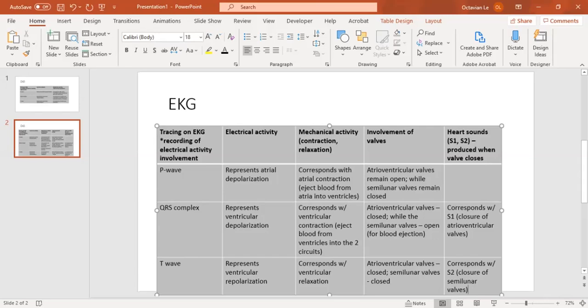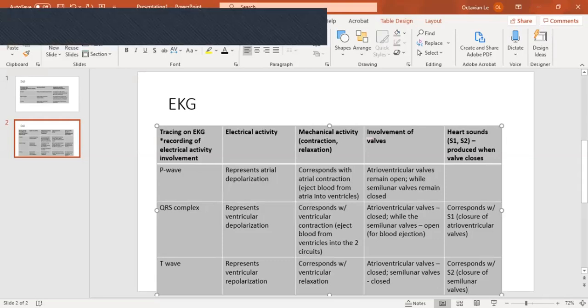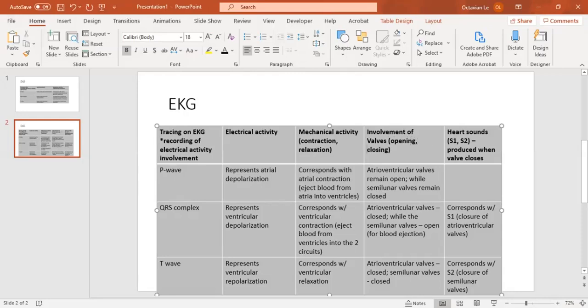So once again, on the exam, I'm going to expect you to know what happened in the P wave electrically, what happened in the P wave mechanically, which valves are involved with the P wave in the sense of opening and closing. And I expect you to know the heart sounds that correspond with the P wave, QRS, and the T wave.